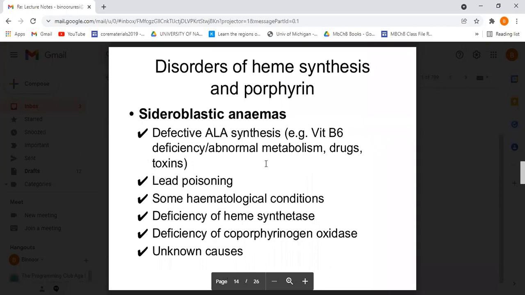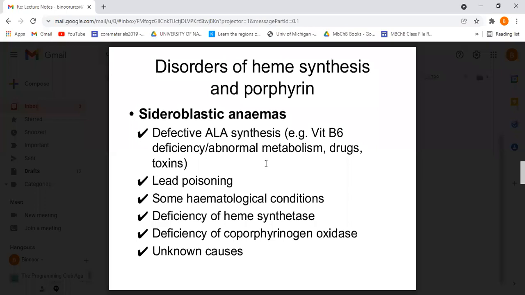So, disorders of heme synthesis and the porphyrin, that was the third component. We had the iron, we had the globin, we had the protoporphyrin. This is seen in sideroblastic anemias. Here there's defective ALA synthesis, for example vitamin B6 deficiency; some drugs and some toxins can lead to that. In lead poisoning, the porphyrin molecule is not formed.